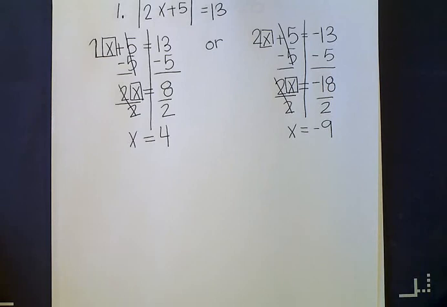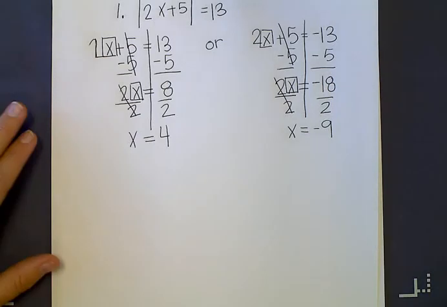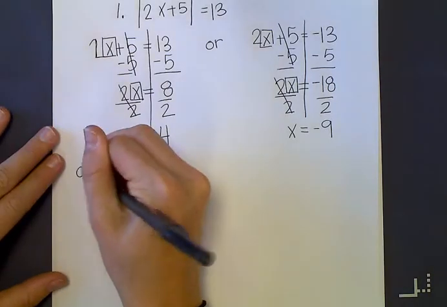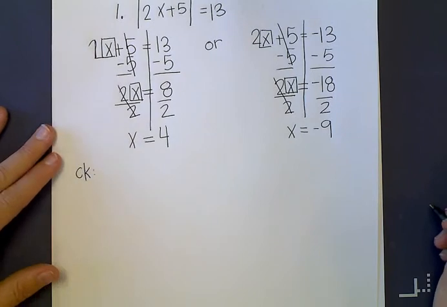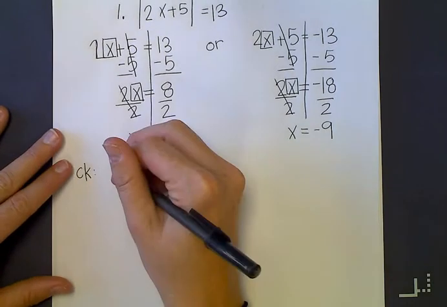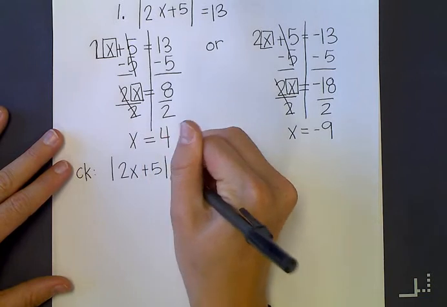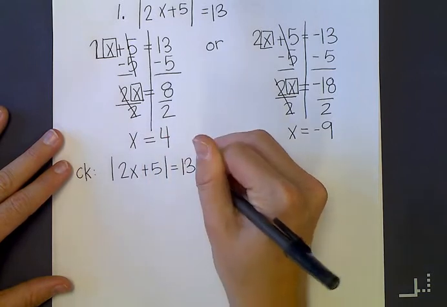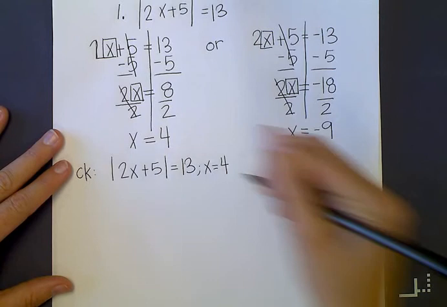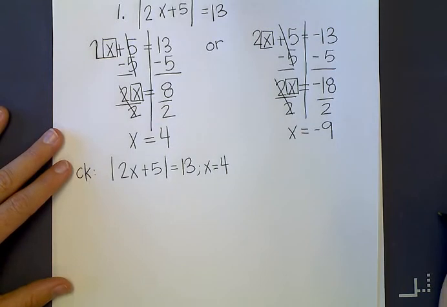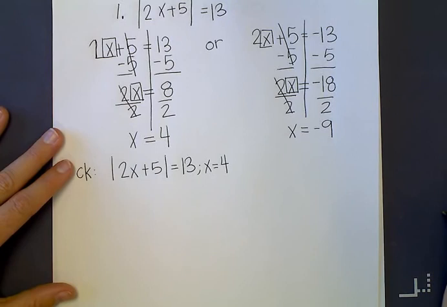I now need to check my solutions. To check your solutions, you will plug in your values for x into your original equation. The absolute value of the quantity 2x plus 5 equals 13. We'll check this first with x equals 4. Plug in 4 wherever you see an x in your equation.